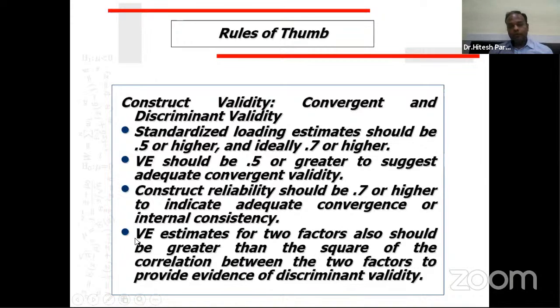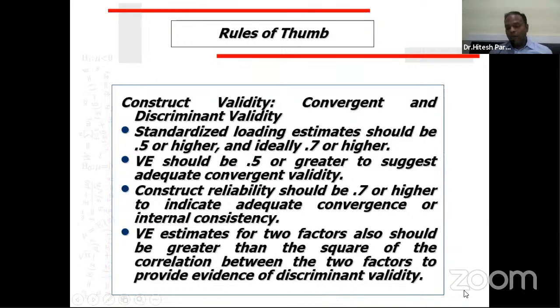And one more thing is variance extracted, means AVE, average variance extracted, estimates for 2 factors also should be greater than the square of the correlation between the 2 factors to provide evidence of discriminant validity.